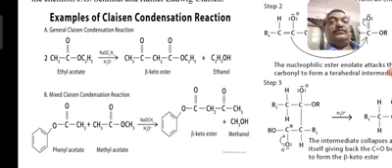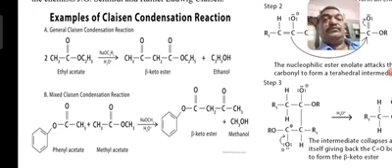Two molecules of aldehydes or two molecules of ketones in presence of a base undergo condensation to give a beta carbonyl ketone or beta carbonyl aldehydic product with the elimination of alcohol. This is called Claisen condensation.